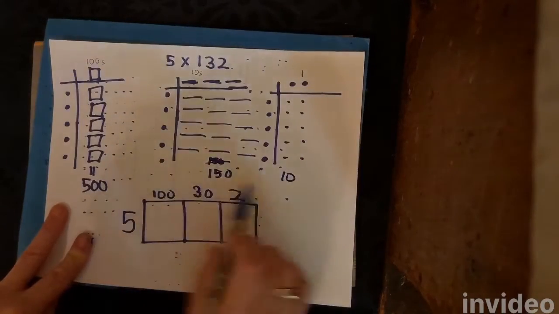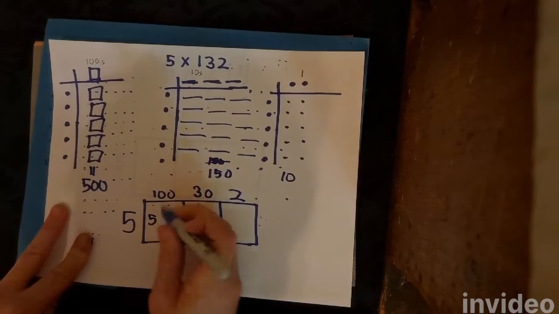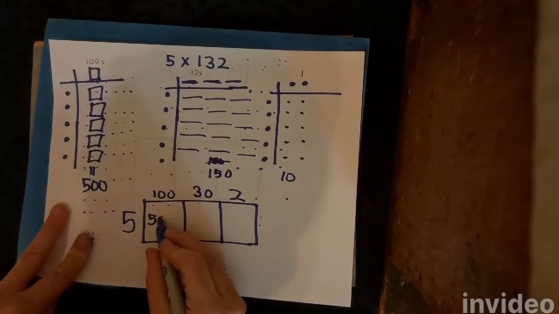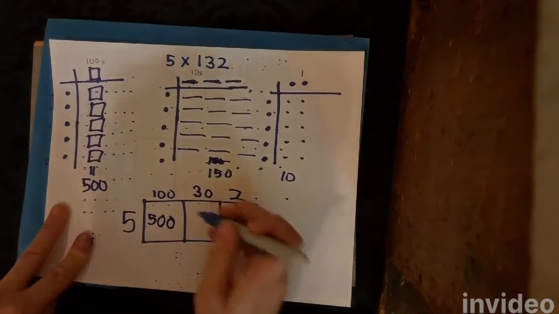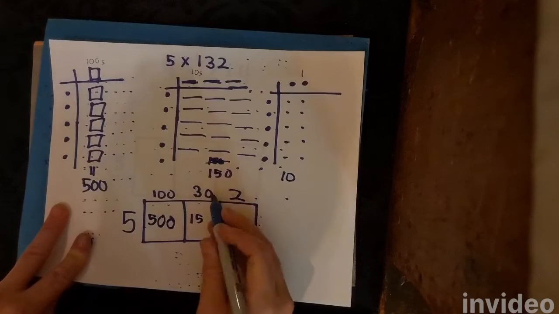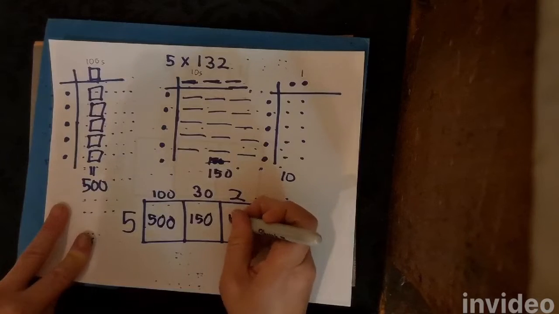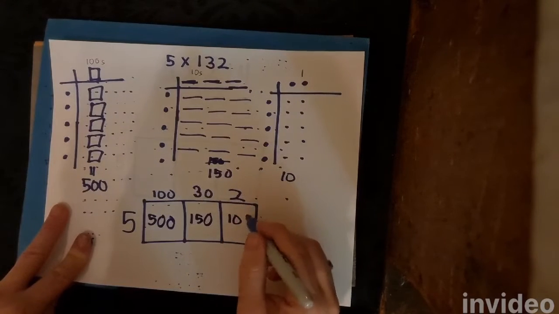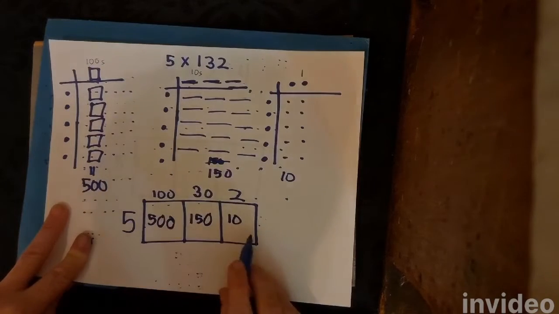So those are our products. Let's make sure this matches up down here. 5 times 1 is 5, and because it's 100, I'll bring down 2 zeros, right? 5 times 3 is 15, and I'm going to bring down 1 zero. Then 5 times 2 is 10. I don't have to bring down any zeros, but of course 10 already has a 0 in it. Now I'm going to add them up.